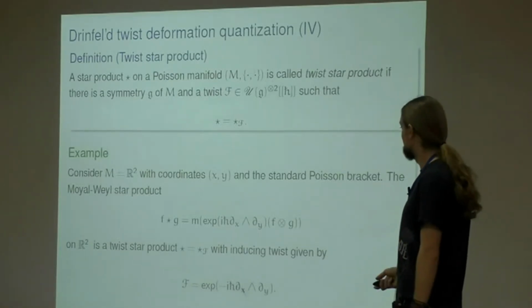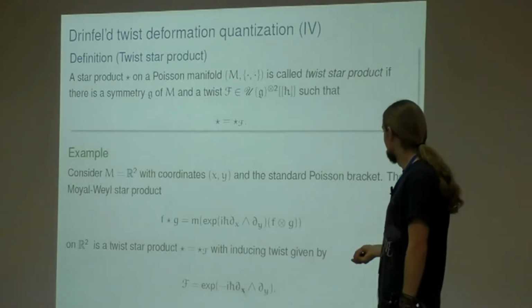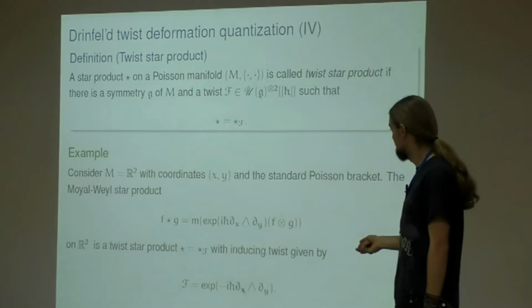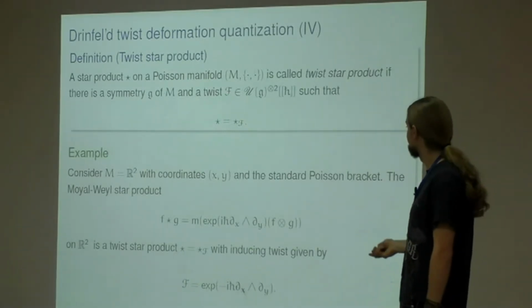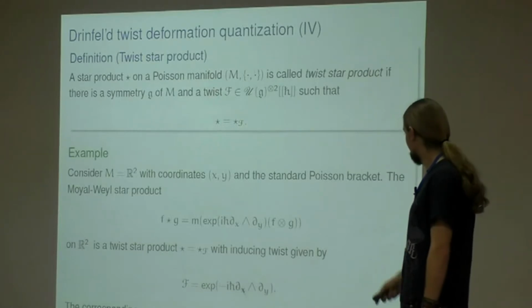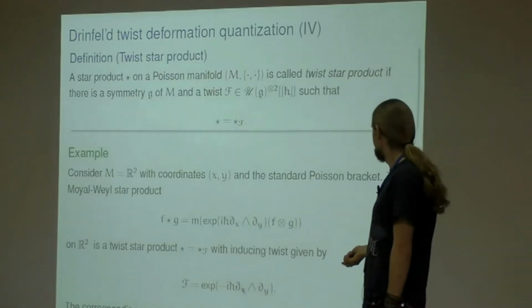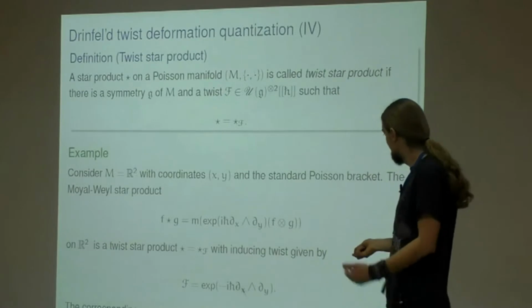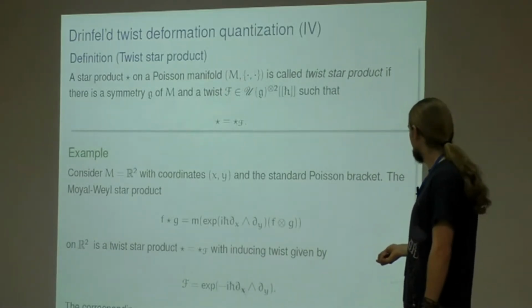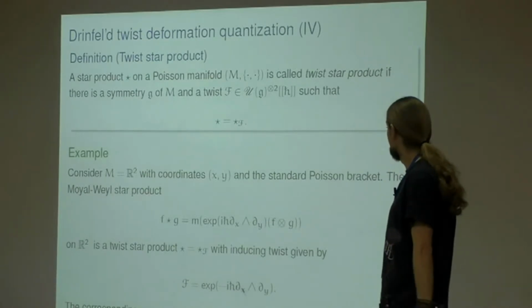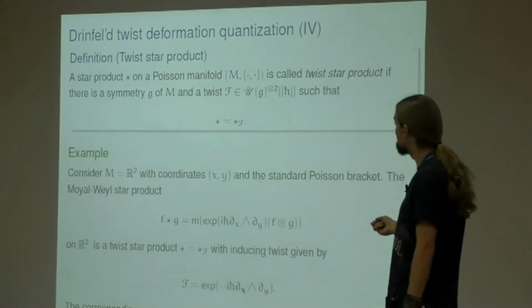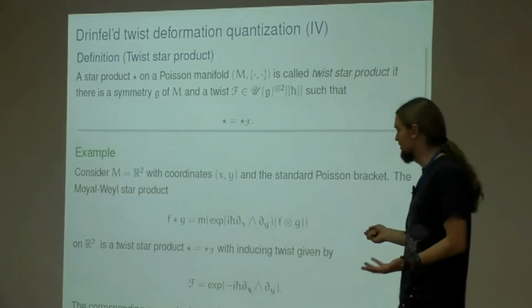And this is actually a twist star product if we use the following twist here. So the minus sign is just needed because I'm acting with F -1, which is in this case then just plus here. And the symmetry is TR2 or just R2 with the 0 Lie bracket, and I act with the Lie derivative.